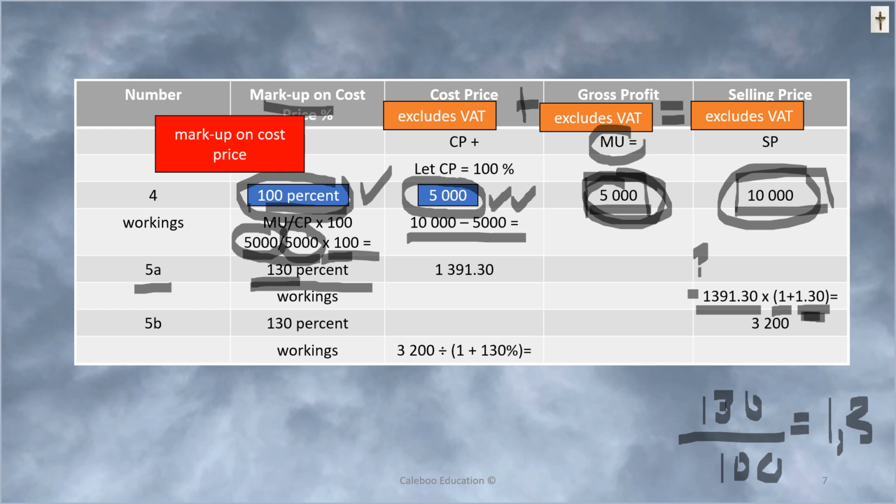So the cost price excluding VAT multiplied by 1 plus 1,3 is equal to 3,200. So there we go.